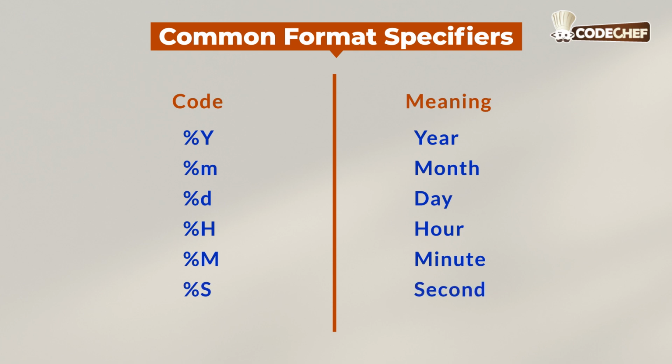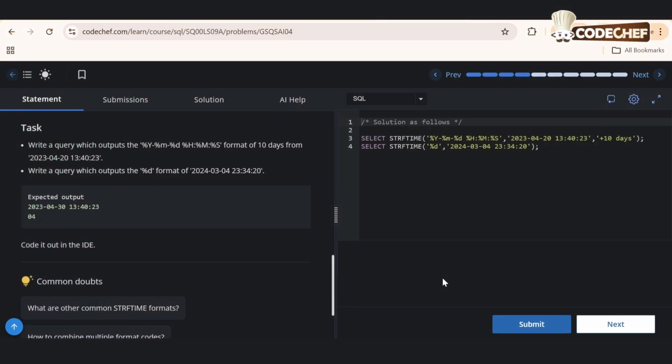Let us see some examples for using these format specifiers on the CodeChef platform and learn how to use strftime function in SQL. So here we have a task. Write a query which outputs the %Y-%m-%d %H:%M:%S format of 10 days from 2023-04-20 and then time is 13:40:23.